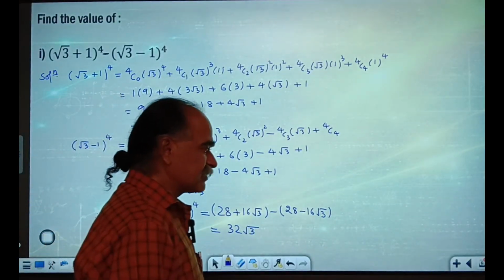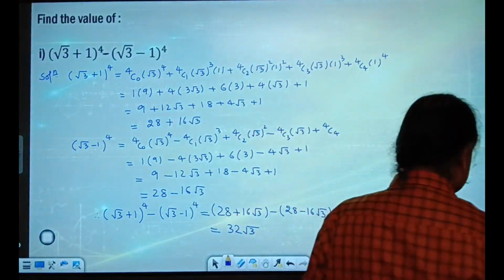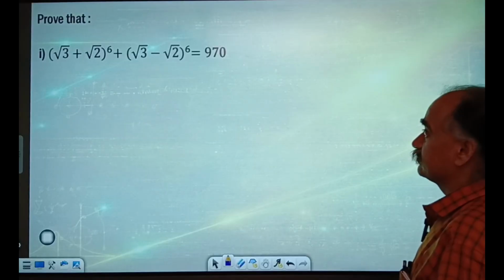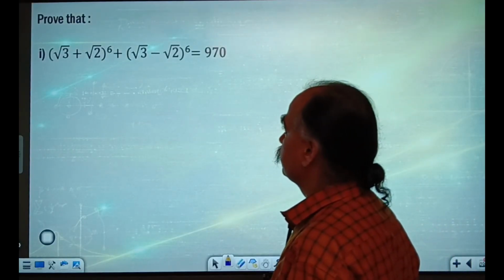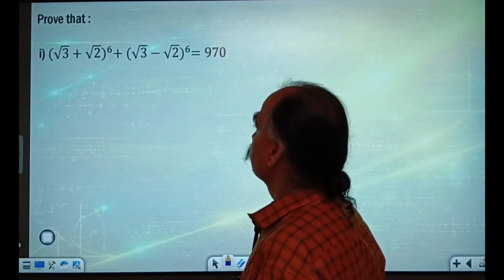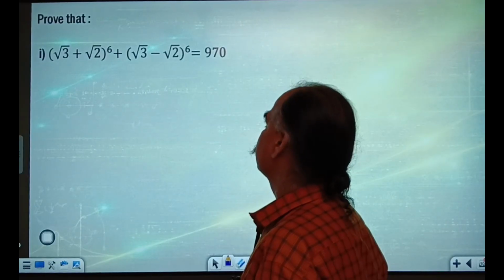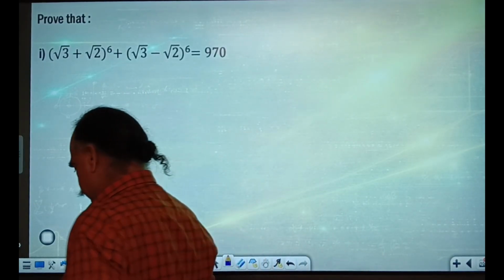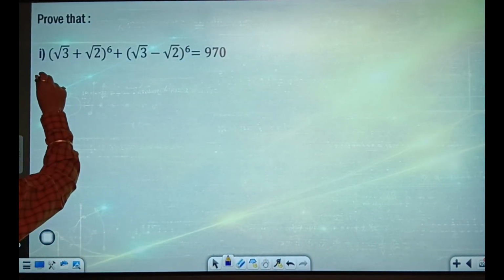Now further problems of this type will do by shortcut method, where we will be using basically root 3 plus root 2 raised to 6 plus root 3 minus root 2 raised to 6 is what? 970. See the proof.